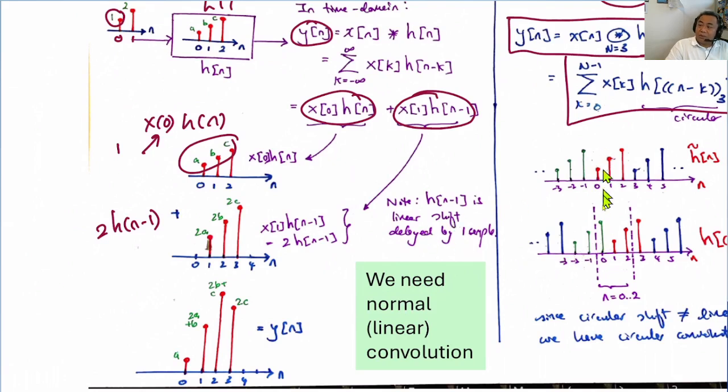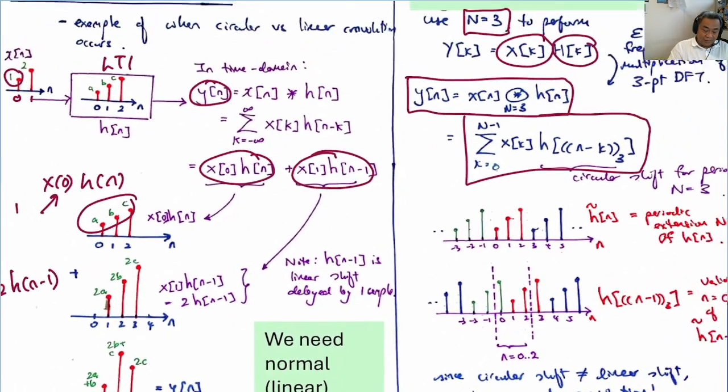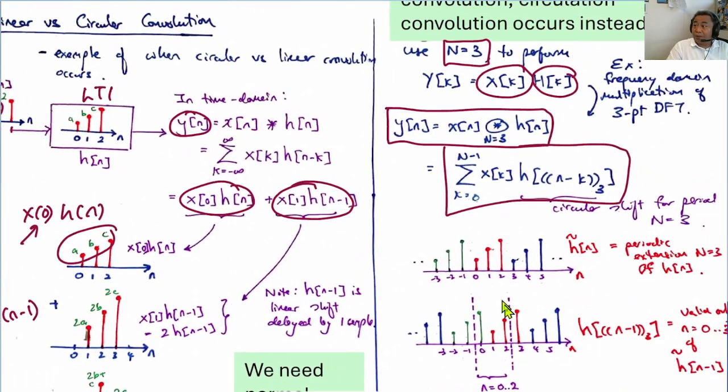So this is the reason why circular convolution is different from linear convolution. Circular convolution occurs because h of n is periodic, and this periodicity, even though it didn't exist in the real h of n, arises because we took the DFT of h of n.